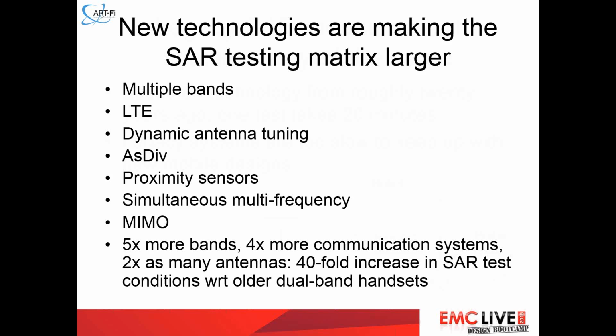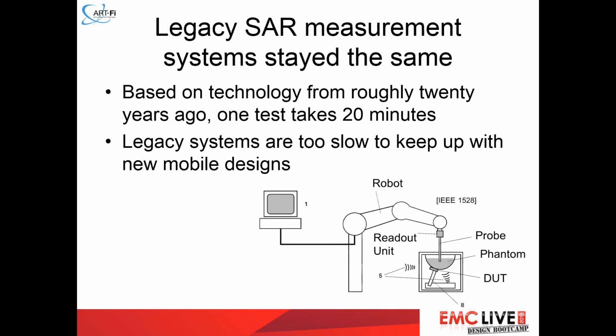Well, this definitely makes the life of designers and wireless product manufacturers very difficult, because while this SAR test amount has increased 40-fold, the legacy SAR measurement systems definitely have not evolved in terms of speed of testing in the same way.